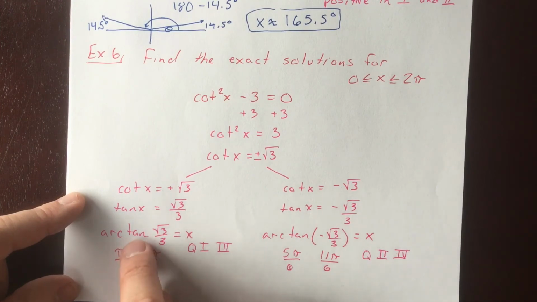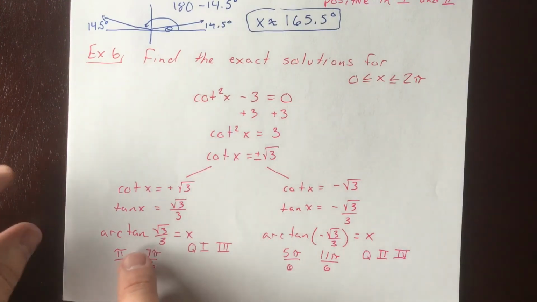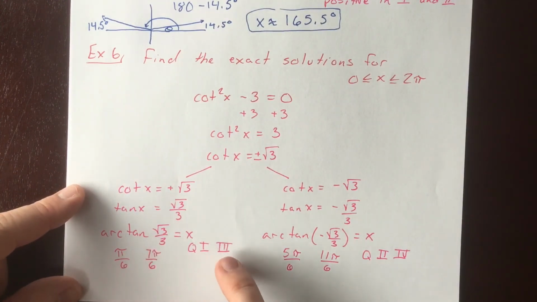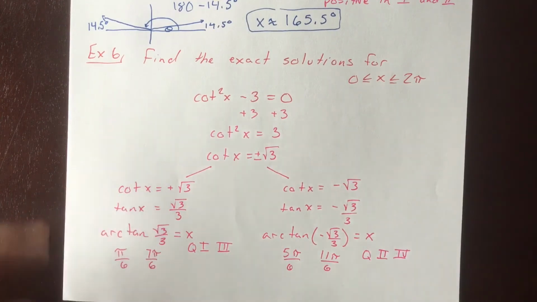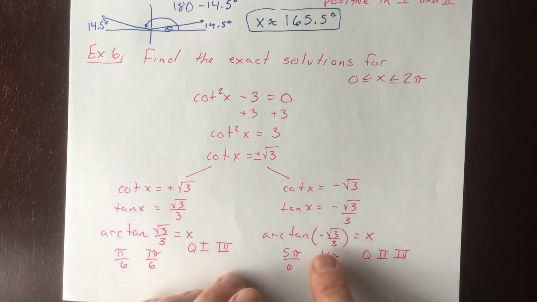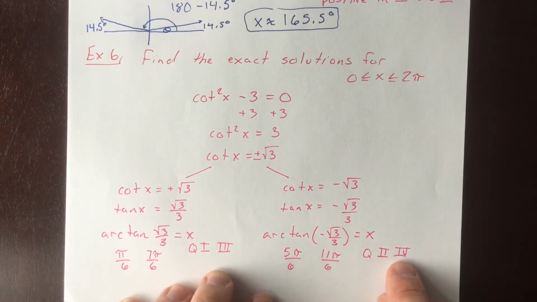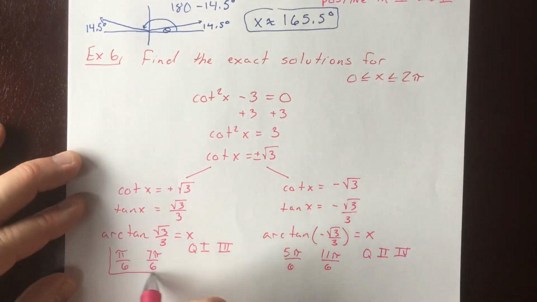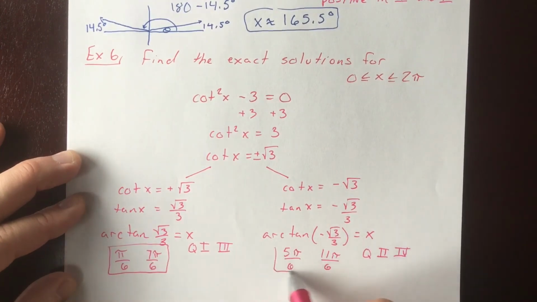If I had tangent of square root of 3, that's at the 3's. So tangent of 3 over 3 that's positive, so we're in quadrant 1 or 3. So our angles are pi over 6 and 7 pi over 6. And then tangent's negative in quadrants 2 and 4, which give us 5 pi over 6 and 11 pi over 6, and we have our solutions.